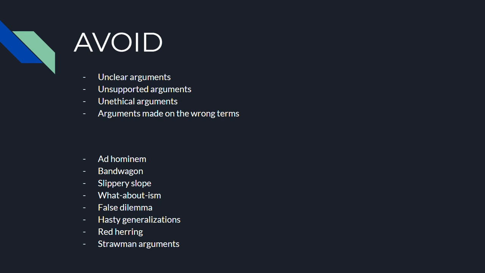Things to avoid. These kind of could appear as obvious, but you would be surprised at how often they show up in speeches. I'm sure as I say these, some of you might think, oh, my friend said that to me, or like, oh, yeah, I've definitely seen that in a speech from someone prolific in power right now. You don't want to have unclear arguments, if you're just kind of trailing off and people are like, why did they bring this up?